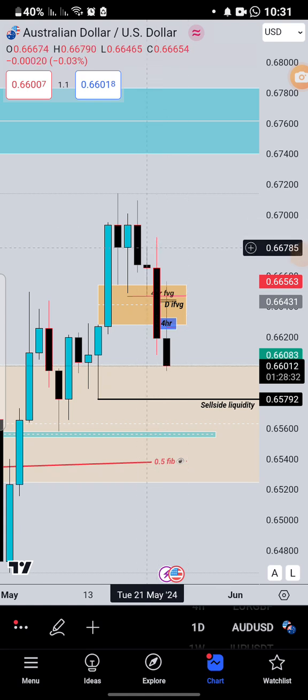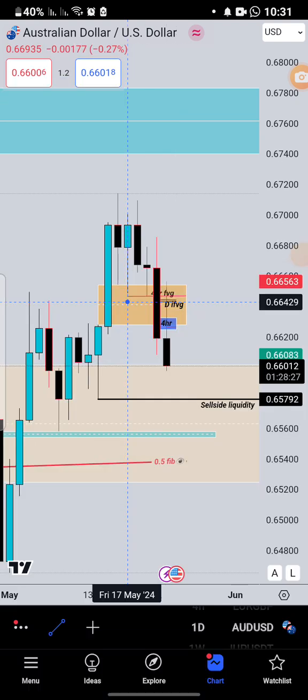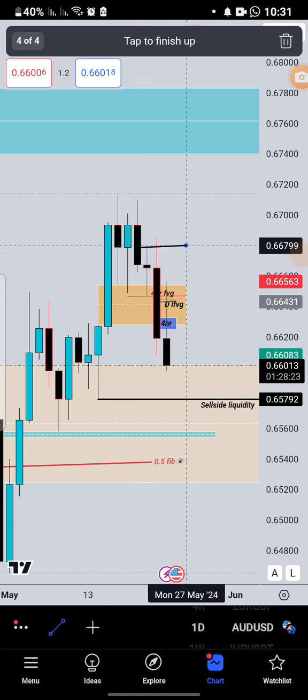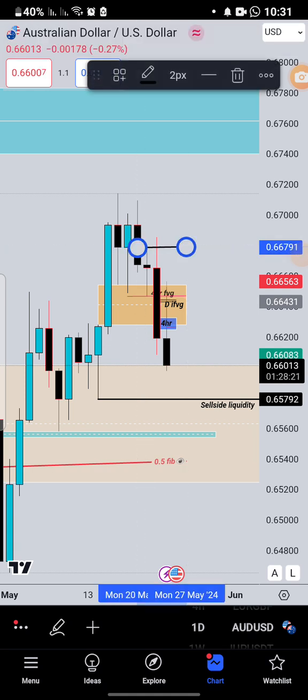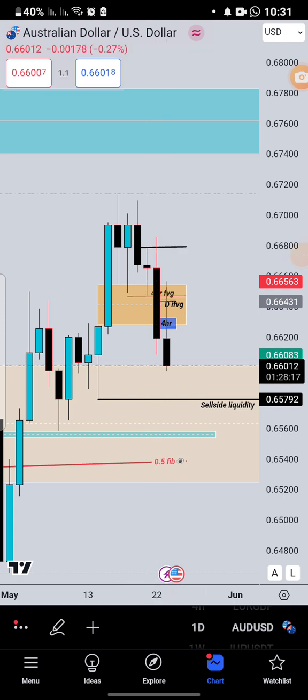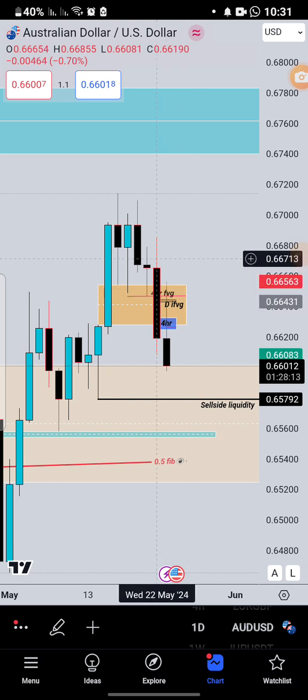I didn't do the markup because it could have made this chart look dirty, but you can see that previous day high being taken by this candle's high. After seeing that, you can see how it closed below the opening price and the closing price of the previous day, on Wednesday, this Tuesday's candle, right?